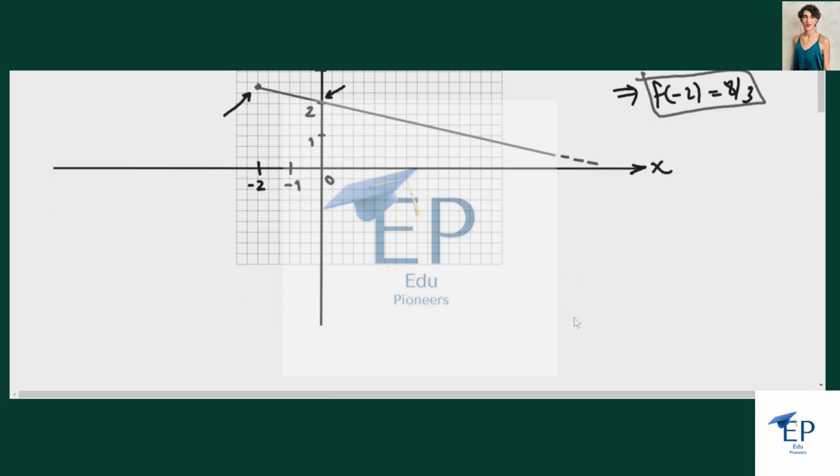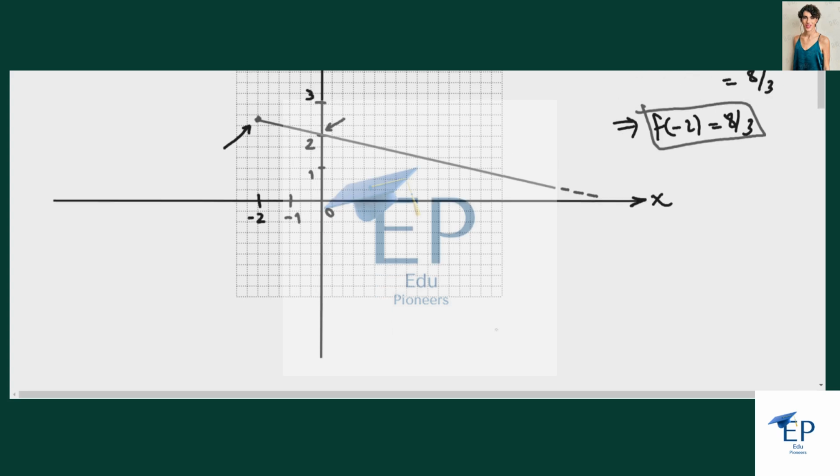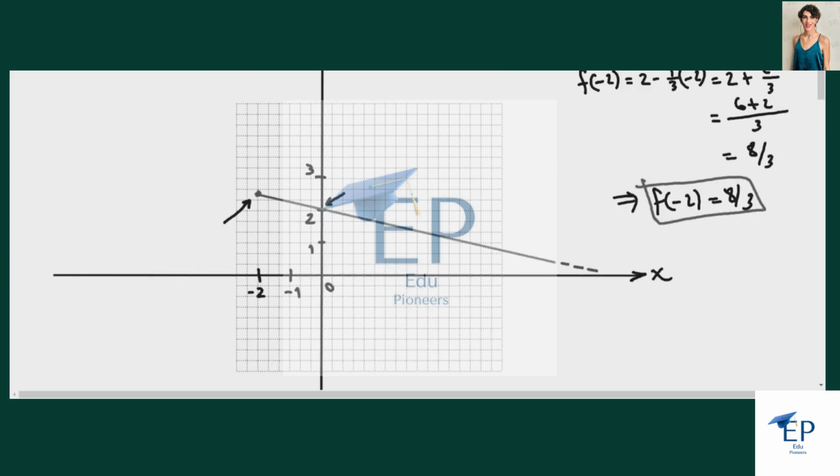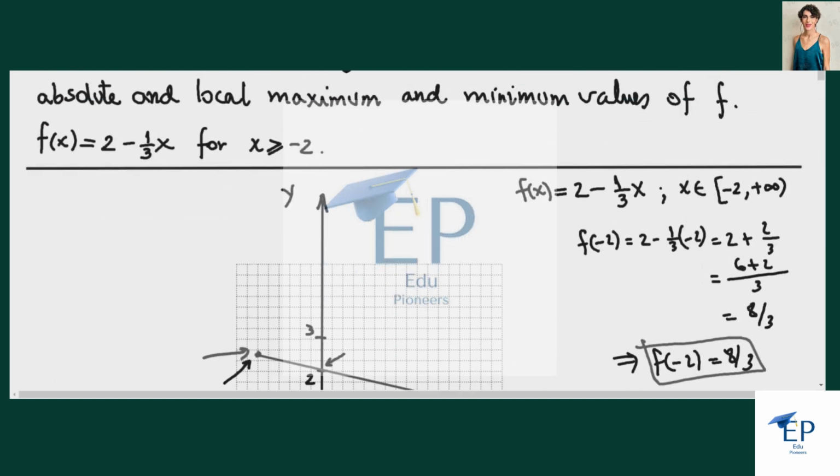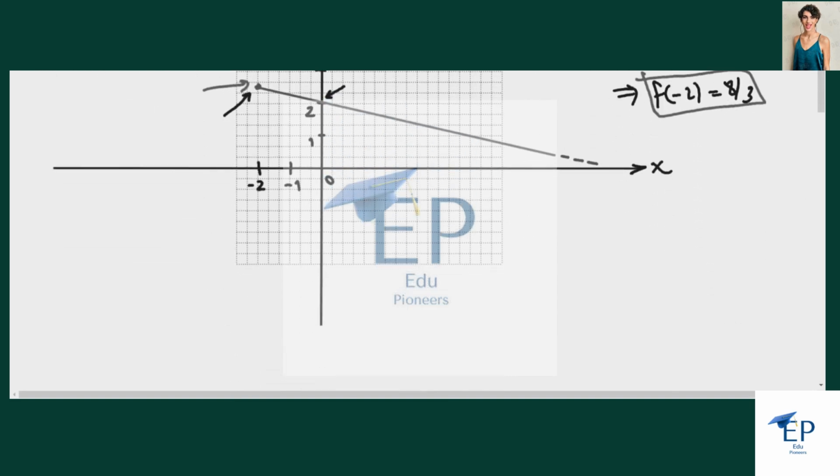Now if we look carefully at the graph, we can see that we have an absolute maximum value equal to 8/3 attained at -2, which is this value here, the highest point in the graph, and it's included in the graph because x equal -2 is included in the domain we are considering.